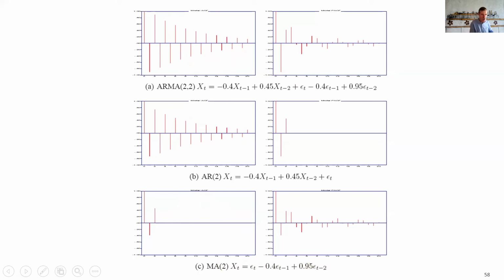If I take the average of 3 epsilons, then if I move far in the future and take the average of 3 others, the 3 epsilons I'm taking in the future are not overlapping with the 3 epsilons I've taken now. Since the epsilons are independent, those two parts are uncorrelated. So the correlation of x_t and x_{t+3} is 0. So x_{t+3} is independent of x_t here. So this is visible here.